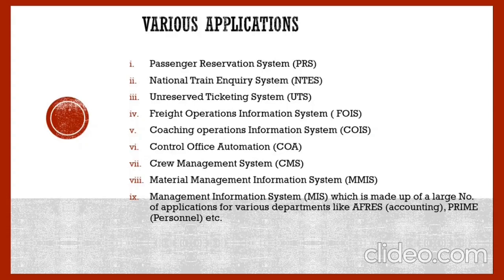All that management is being automated here, and for that there is no need of humans. This can automatically be seen on the system, and it is reserving special directions for each railway. Then the crew management system, and the material management information system.